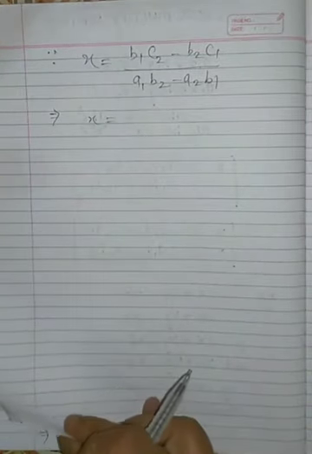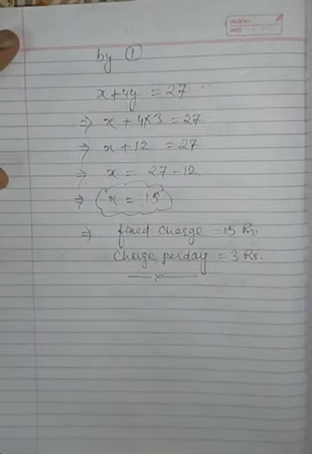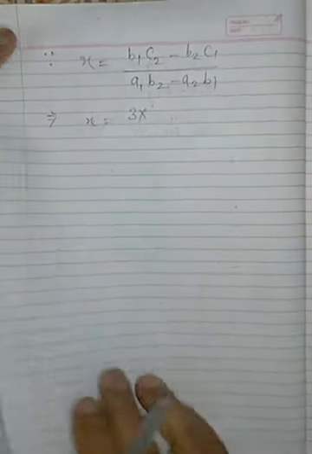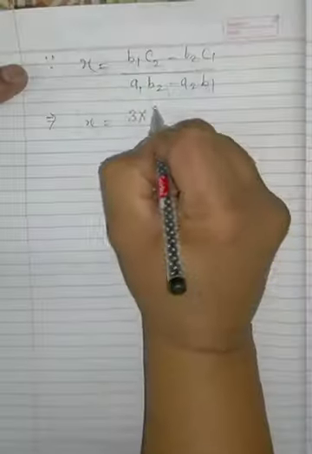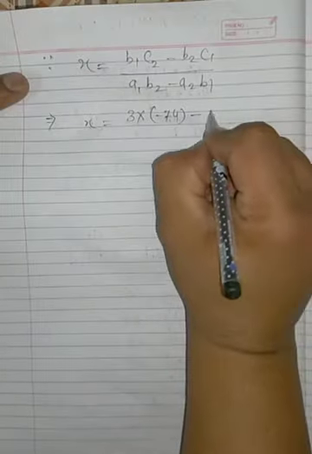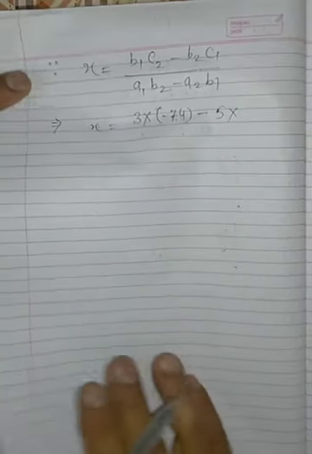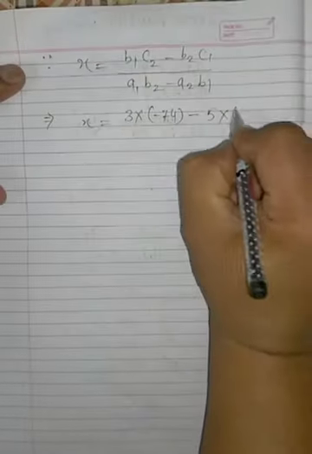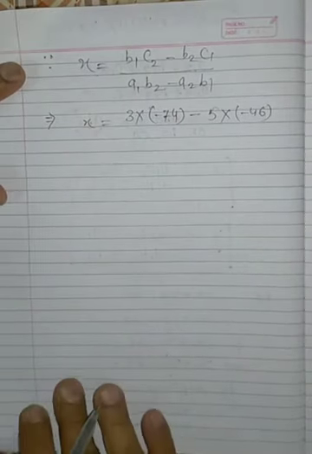x is equal to, now from the compared values we have b1 is equal to 3, c2 is equal to minus 74, minus b2 is equal to 5 into c1 is equal to minus 46.